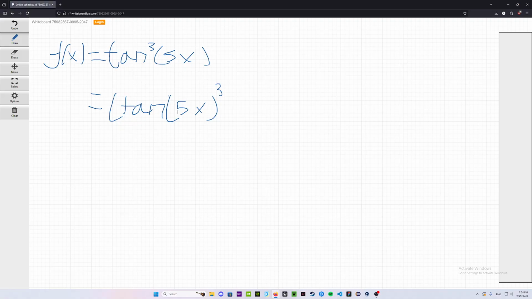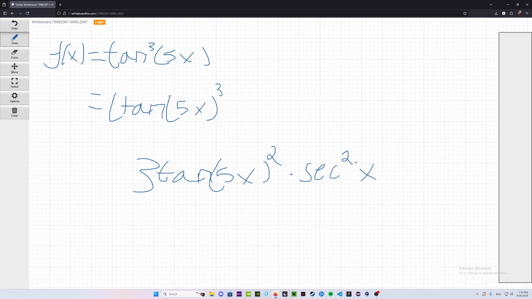So we're going to have 3 tan 5x squared. You work from the outside to the inside. Now we get the derivative of the inside, which is tan. It's going to turn into secant squared 5x. Sorry, I meant to write 5x here. Secant squared 5x.